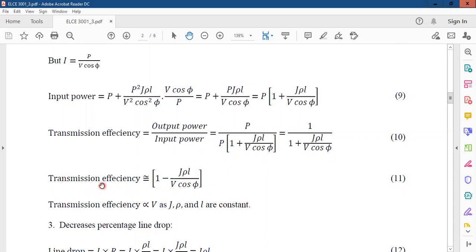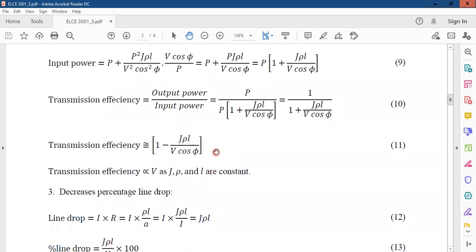So by this equation, we prove that the transmission efficiency is in proportional relation with V, because rho, length, and current density of the conductor material are constant values.